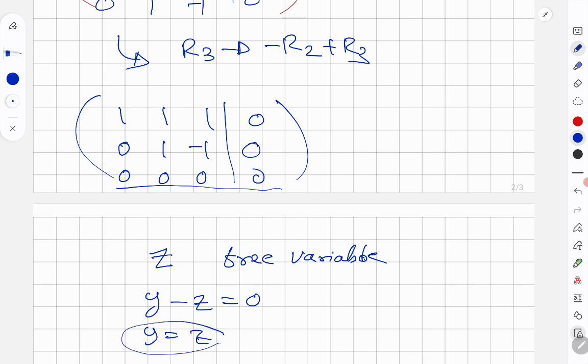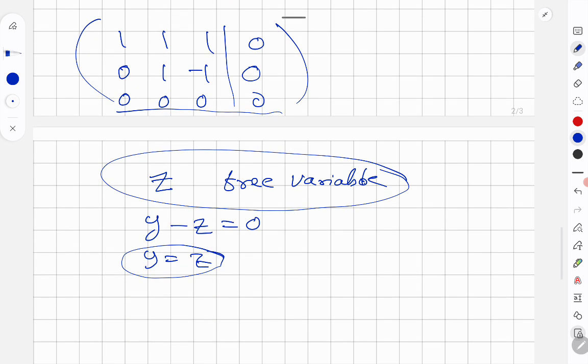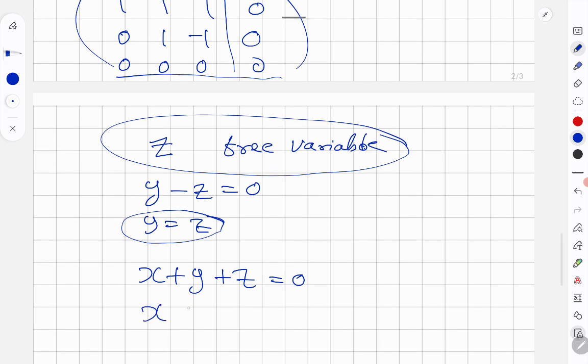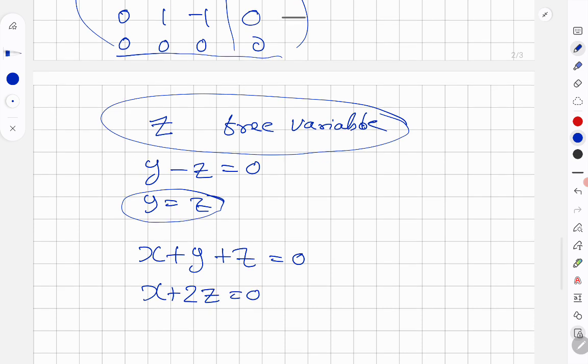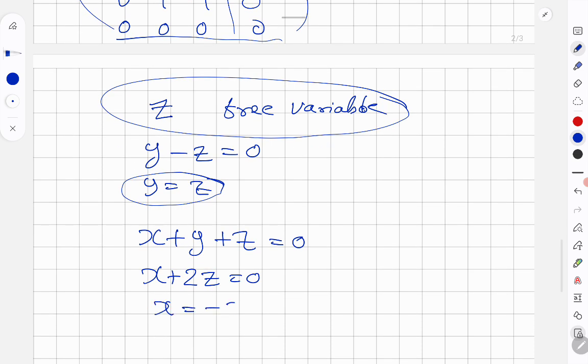I got this one and this one from the last equation, but the first equation is x plus y plus z equal to 0, and I know that y equal to z, so x will be 2. And z is the free variable.